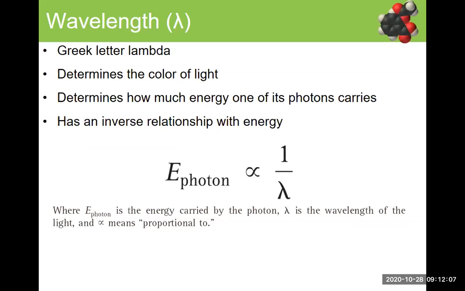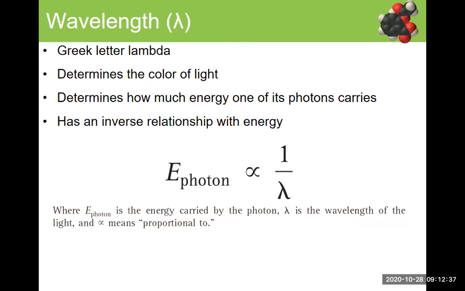And we started to introduce some relationships. So we said the energy of a photon, and the photon we said was this discrete energy packet, and that energy is proportional to 1 over the wavelength. So wavelength, that upside down Y, the Greek letter lambda, energy is proportional to 1 over lambda.